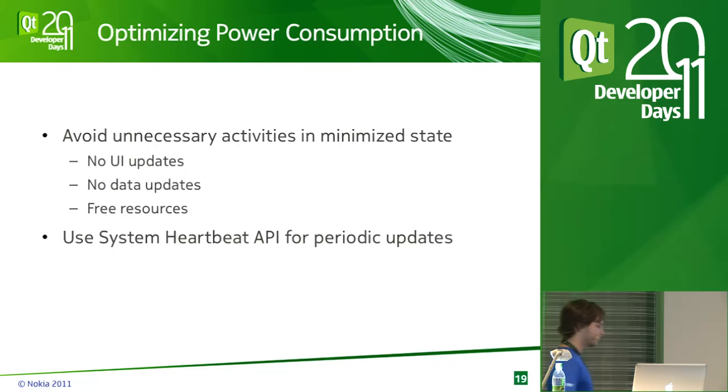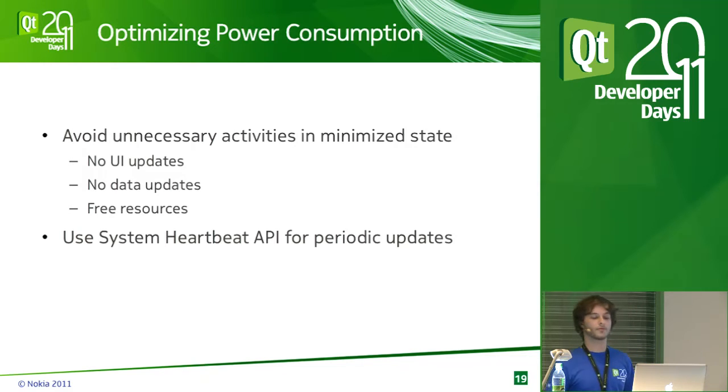Another thing you can do to save power consumption is using an API called the system heartbeat. It's basically something similar to a timer. It's useful when your application is doing periodic updates. Like I mentioned, if you're doing a Twitter client, you probably want to update the feeds every, I don't know, 10 minutes.